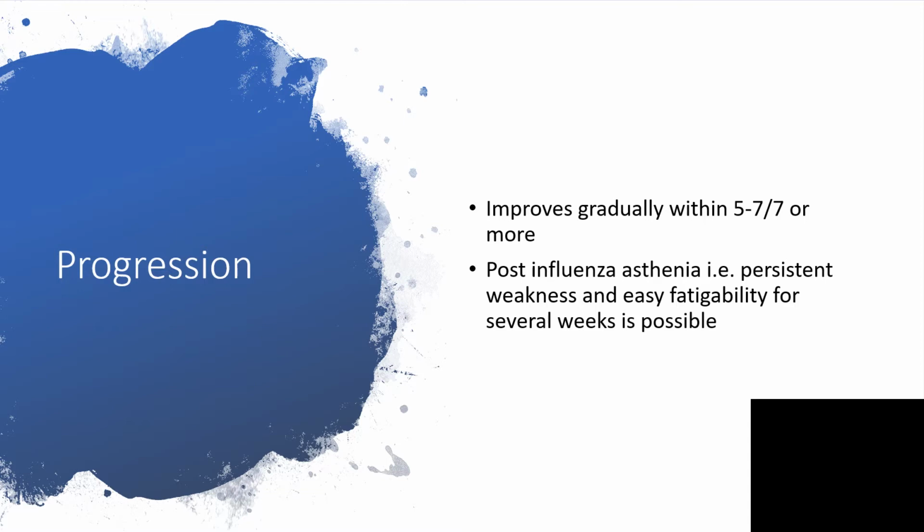Let me explain that further. After the individual is done with signs and symptoms of flu, then there's possibility of post-influenza asthenia. In other words, the person can become very weak and having fatigability for several weeks.